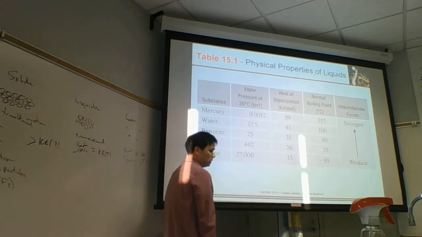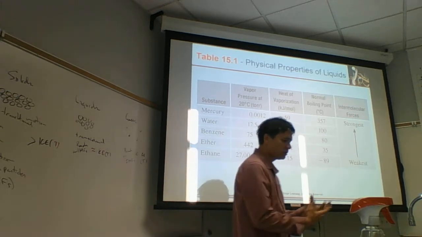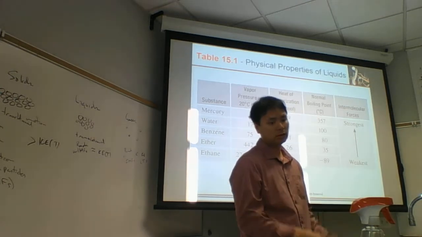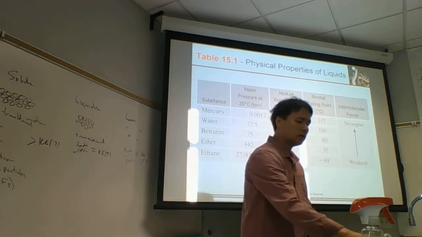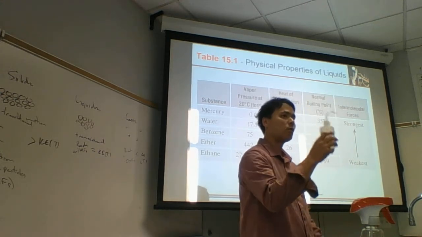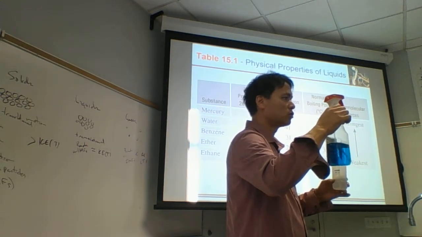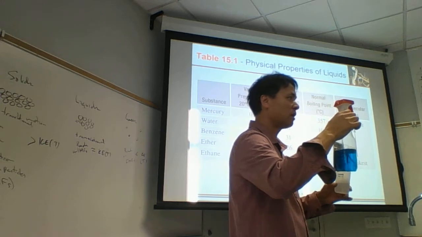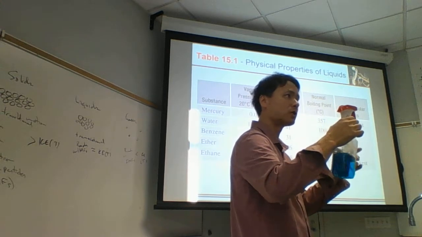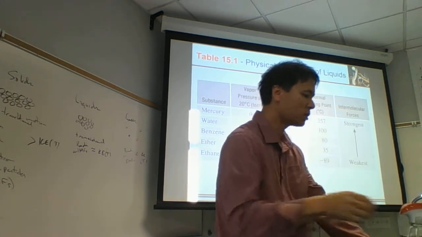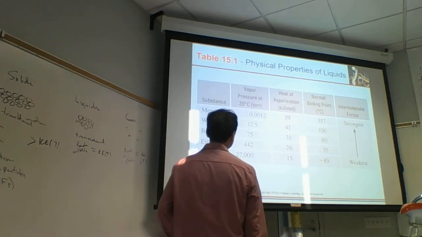The higher the surface tension, the bigger the drop you can make. So if you compare the size of a drop of water to the size of a drop of Windex, the drop of Windex is going to be a tiny drop, whereas a drop of water is going to be a big drop. So the size of the drop depends on the surface tension.